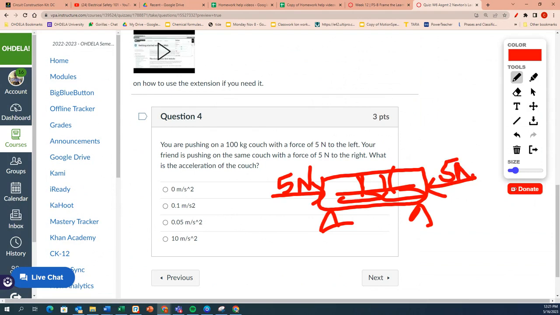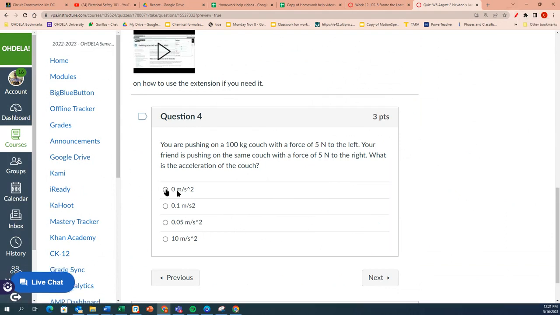So our net force, they balance each other out. So we have a 0 net force. So it's not moving, or at least it's not accelerating. So what is the acceleration? It is not accelerating, so it's 0 meters per second squared.